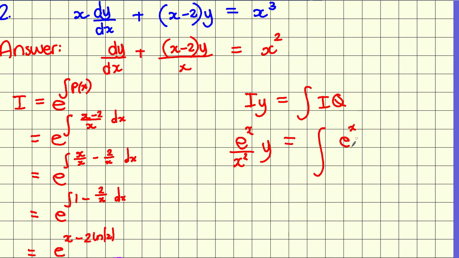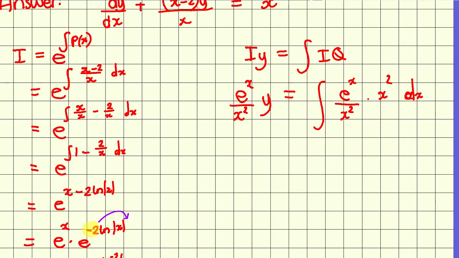So if I write I, again e to the x over x squared, times q. So q is whatever's on the right hand side, which is x squared dx. You're probably going to see what's going to happen on this side. So this part can just stay the same. Now remember I said something always cancels off to be really nice, and that happens here. Your x squared and your x squared, they cancel.